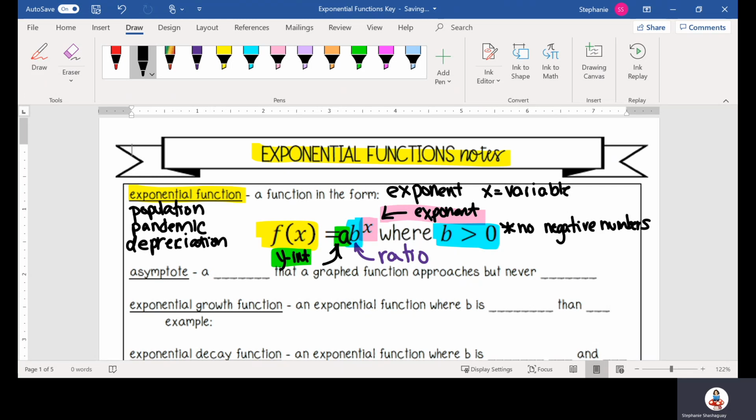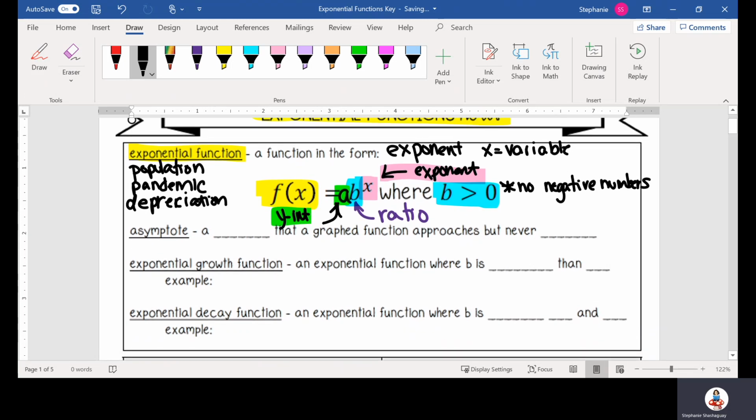So let's look at some vocabulary words. We have asymptote, and I'm going to do this in blue.